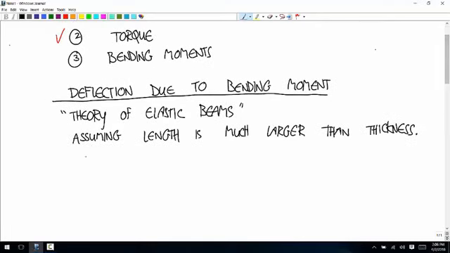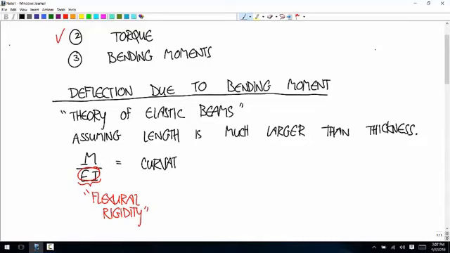Then if you take the bending moment at a point and divide it by the Young's modulus times the area moment of inertia, this thing together here is called the flexural rigidity. Then that has to be equal to the curvature of the beam at that point.